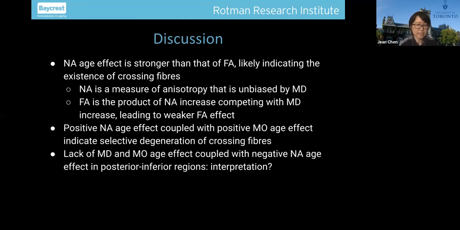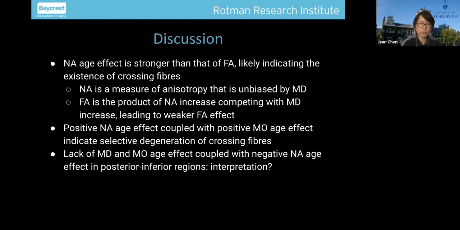And positive anisotropy, normal anisotropy age effects coupled with positive mode age effects indicate selective degeneration at the crossing of fibers. But we also saw in the posterior inferior regions, there seems to be a lack of age effects in mean diffusivity and even in the mode of diffusion. So what does that actually mean?